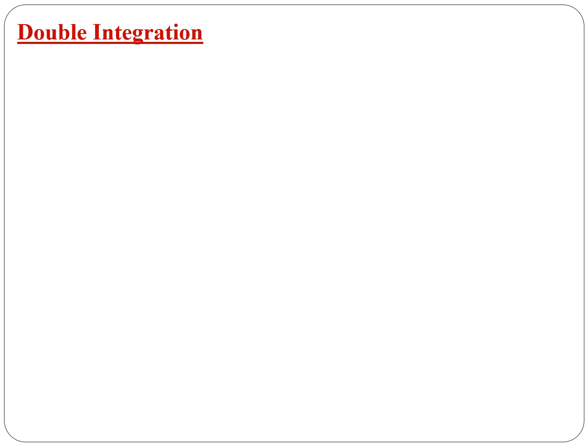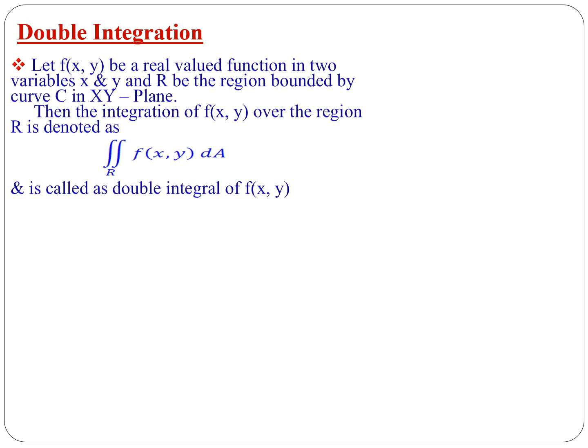So in double integration, we have one function of two variables like f of x y. That is a real valued function. So here we are learning all integration related to real variables and real values. Let f of x y be a real valued function in two variables, let's say x and y. And R is a region given here, which is a bounded curve in the xy plane.